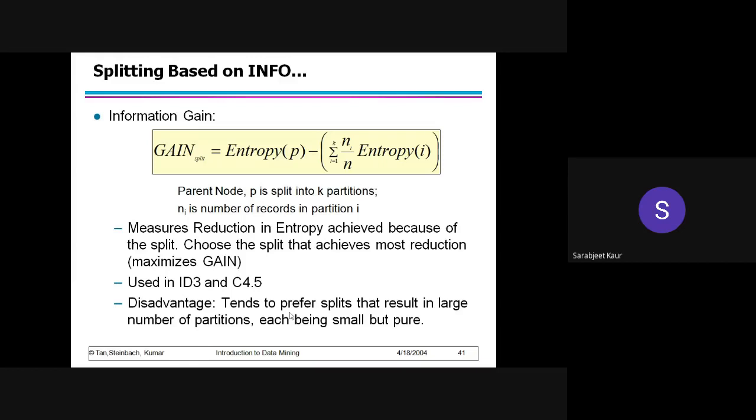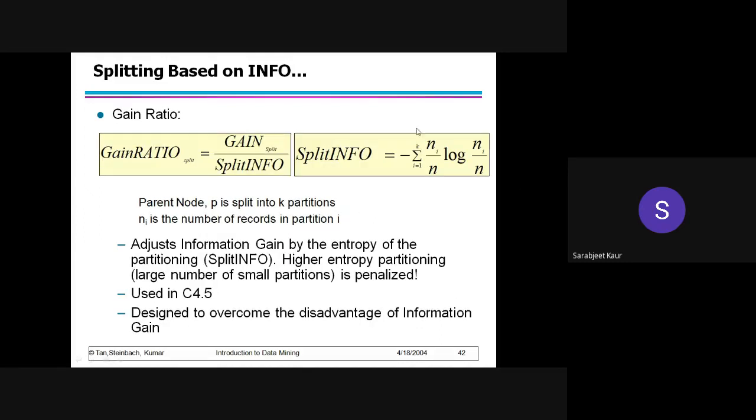Now, to somehow reduce the number of partitions, that means to impose a penalty on a very large number of partitions, what we do is we divide it by this quantity called the split info.